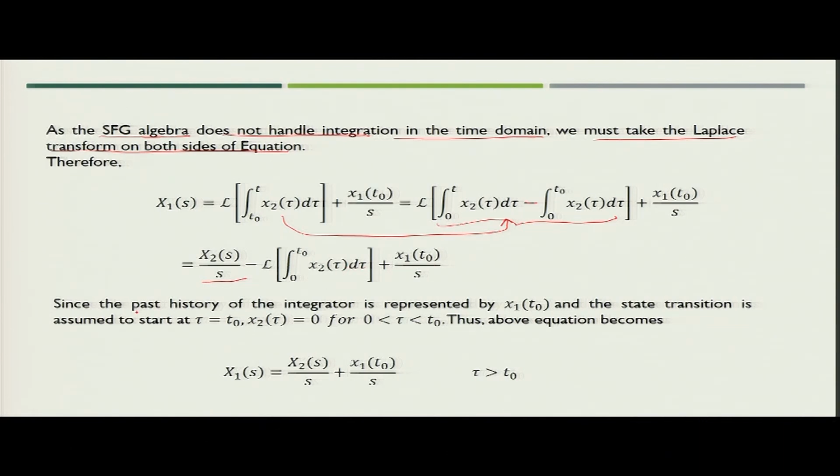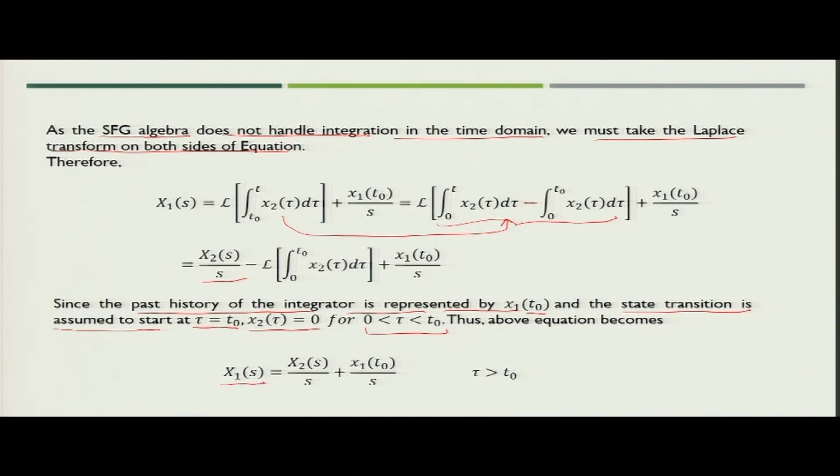Since the past history of the integrator is represented by x1(t naught) and the state transition is assumed to start at tau equal to t naught, x2(tau) will be 0 before t naught. So, x2(tau) is 0 for the period between 0 and t naught. It means that this particular section you can replace by 0.